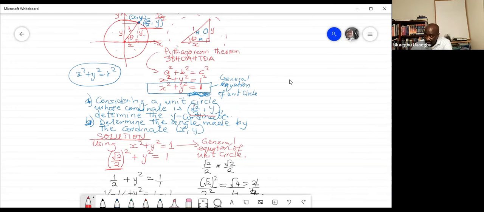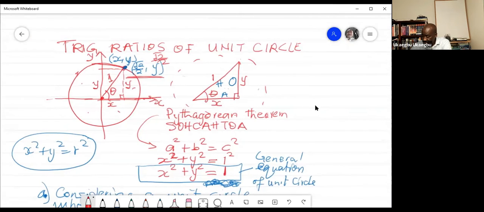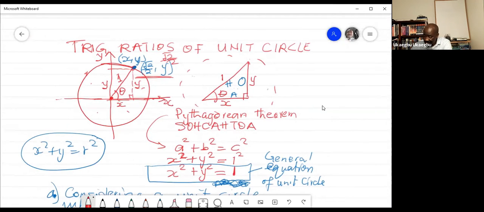Let me expand this a little bit. Let me make it bold. If it's on this quadrant, you can see that the value of x is going to be negative and y is going to be positive. If it's on this quadrant, the value of x is going to be negative and the y is also negative. So here, x comma y is going to be negative and negative.